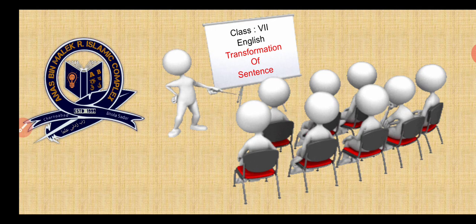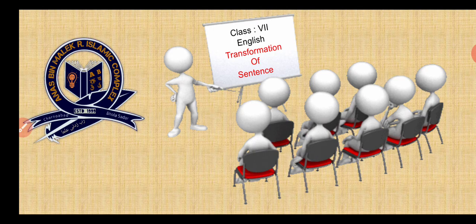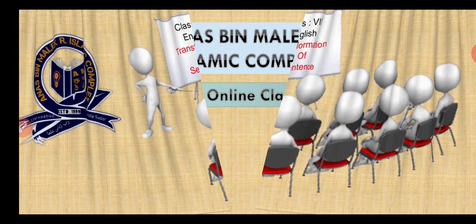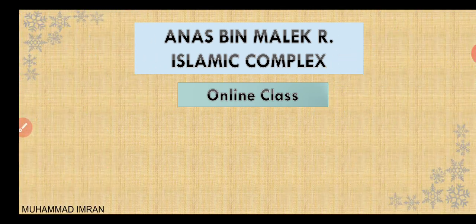As we have read earlier, sentences are of 5 kinds: assertive sentence, interrogative sentence, imperative sentence, optative sentence, and exclamatory sentence. In this class we will discuss the conversion or transformation between assertive sentence and interrogative sentence.